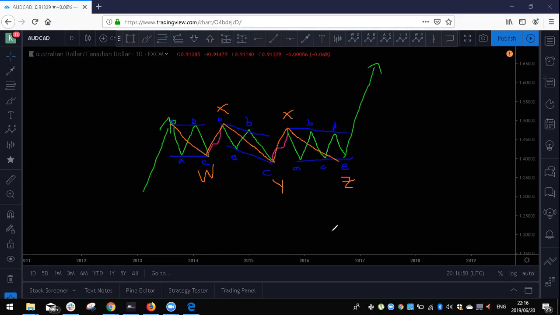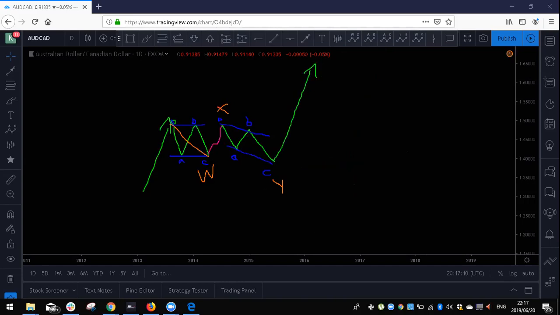But if you have a double correction, say you don't have that triangle, it only becomes WXY, like this.